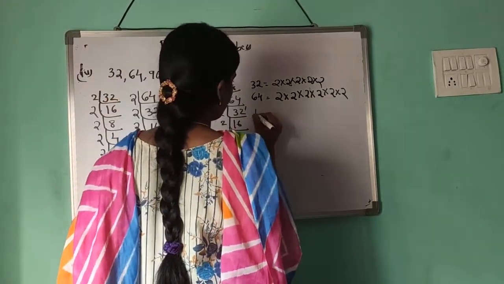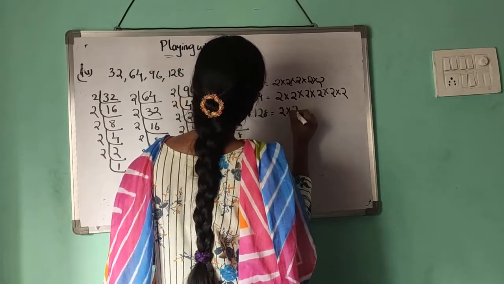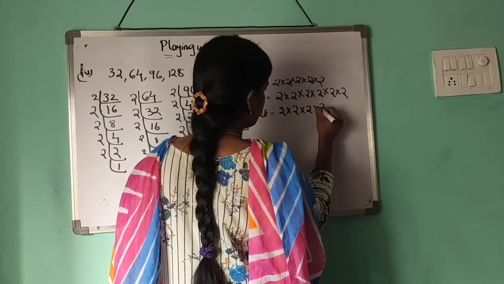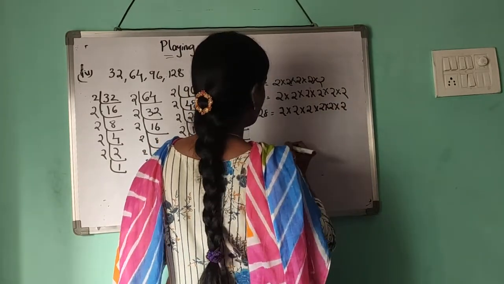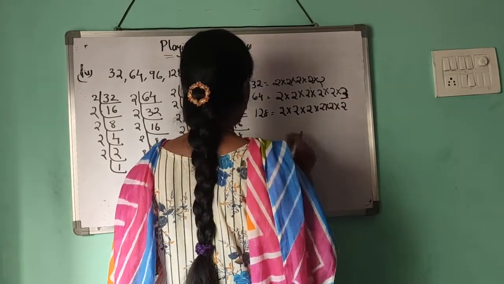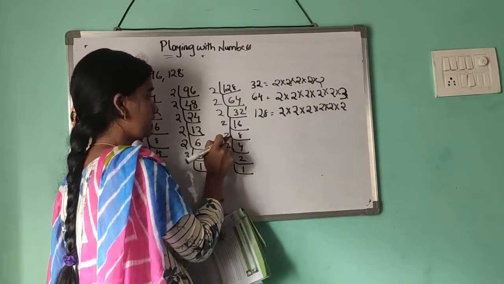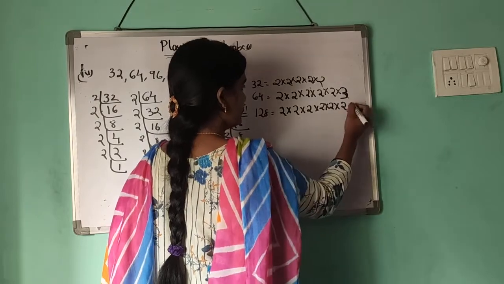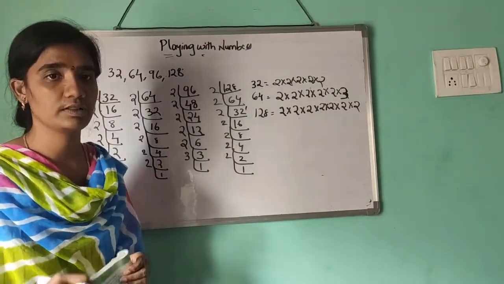Okay, 125 and 3: 2 into 2 into 2 into 3. Sorry, here 3 is there. How many 2s are there? 1 2 3 4 5 6 7.